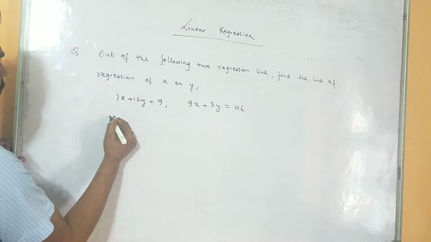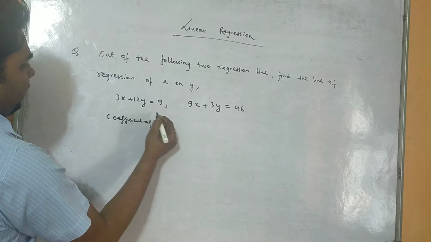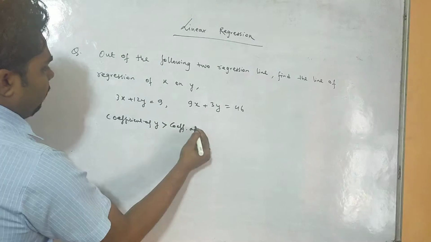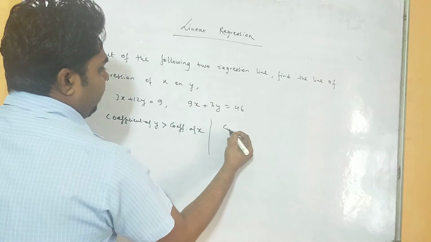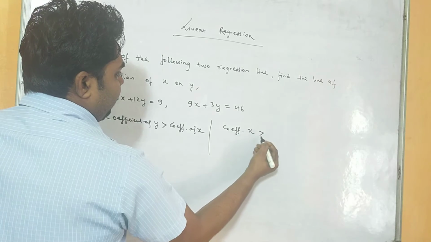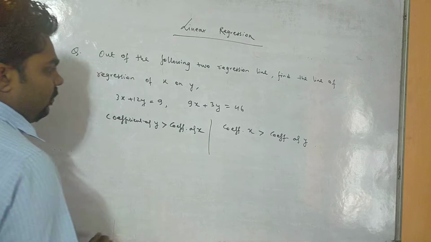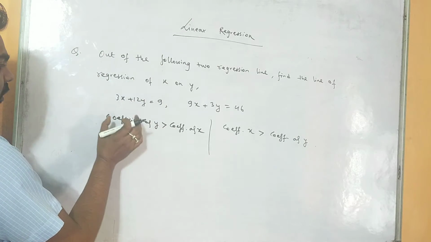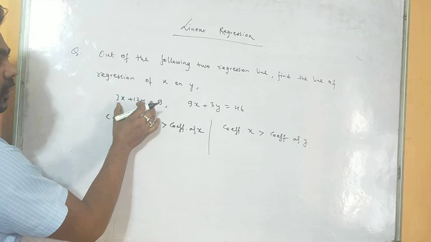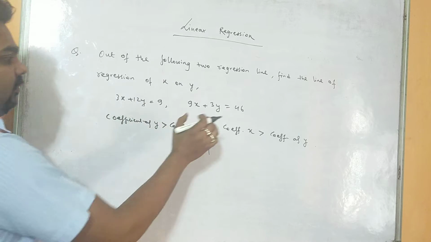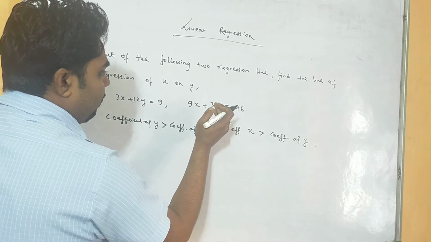In the other equation, the coefficient of x is greater than the coefficient of y. So if the coefficient of y is greater than the coefficient of x, then this is an equation of y on x. If the coefficient of x is greater than the coefficient of y, then this is an equation of x on y.